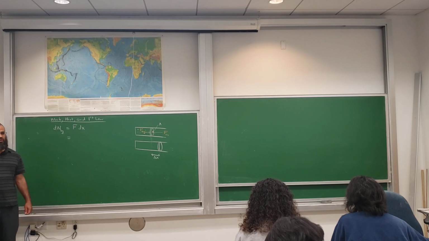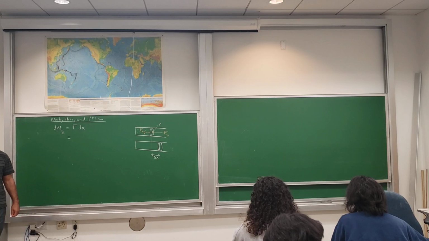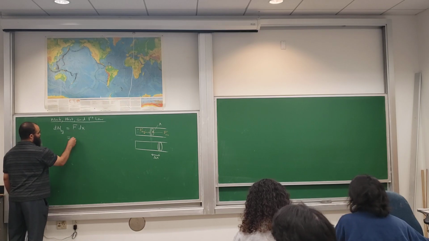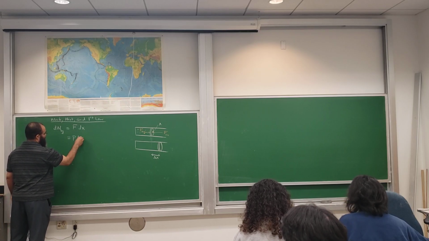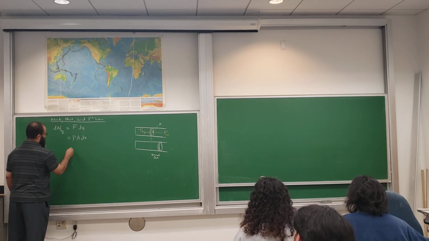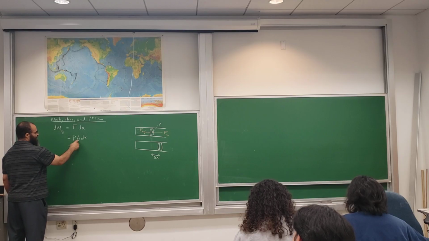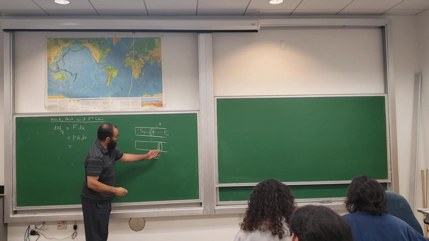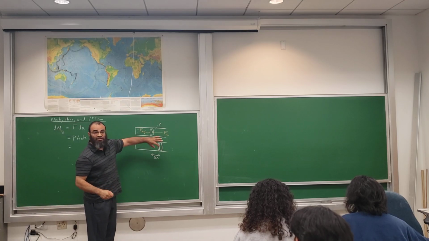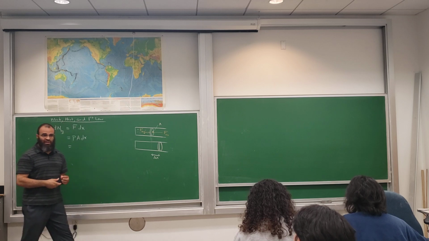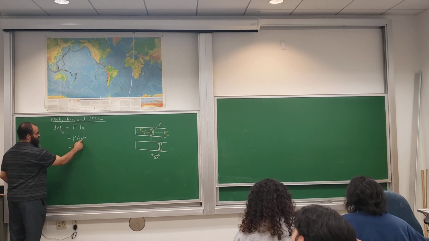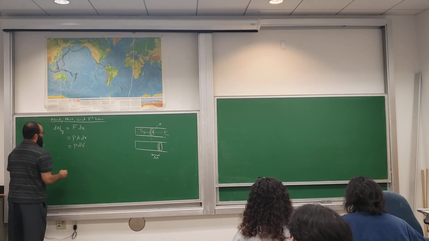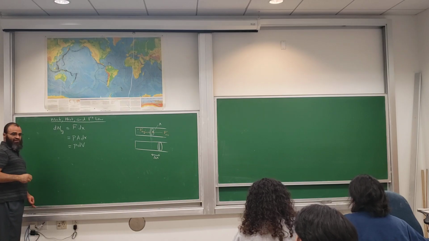Pressure is force divided by area. So force is pressure times area. So the work would be the pressure times the area times dx. But what is the area times dx? The cross-sectional area times the displacement, that's the volume of that portion, dV. So it's going to be P times dV. This is the work done by the gas.